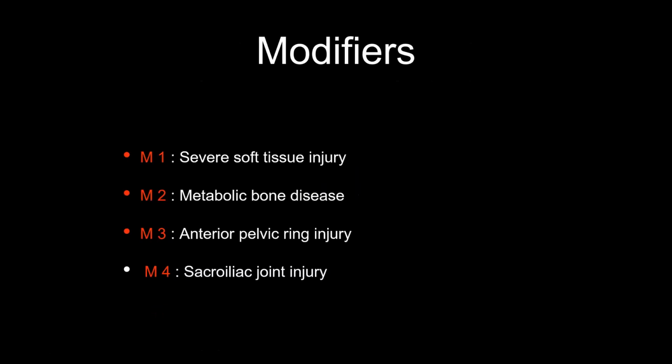And the modifiers here: M1, you add it if there is severe soft tissue injury. M2 if the patient has metabolic bone disease like osteoporosis, or any other form of hyperparathyroidism. And M3 is anterior pelvic ring injury. If there is injury associated with the pelvis, it is more unstable.